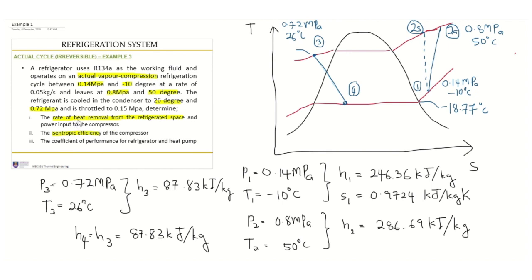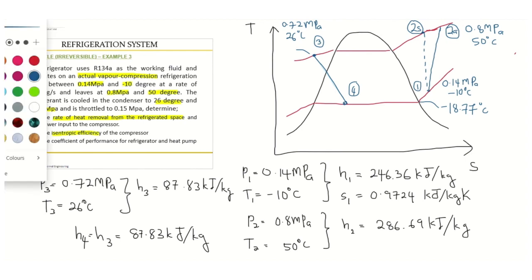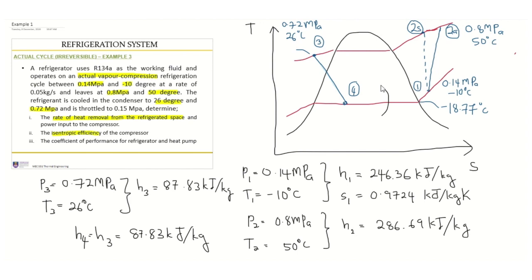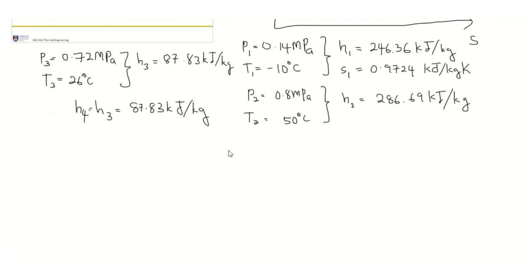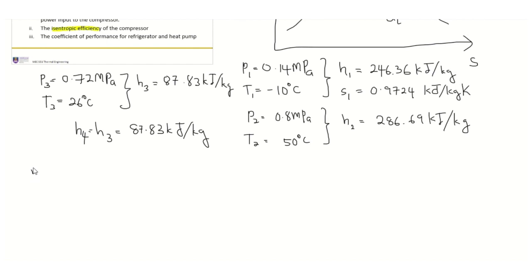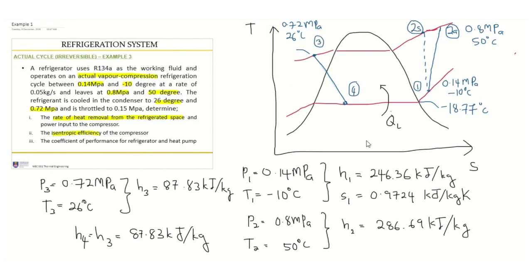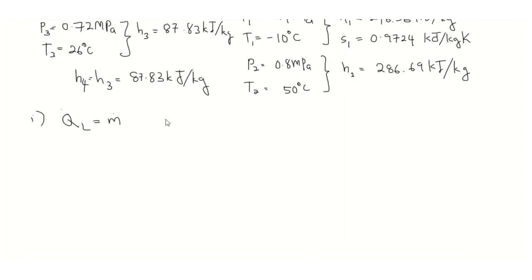So the amount of heat removal is actually Q dot L. So for number 1, Q dot L equals m dot (H1 minus H4).